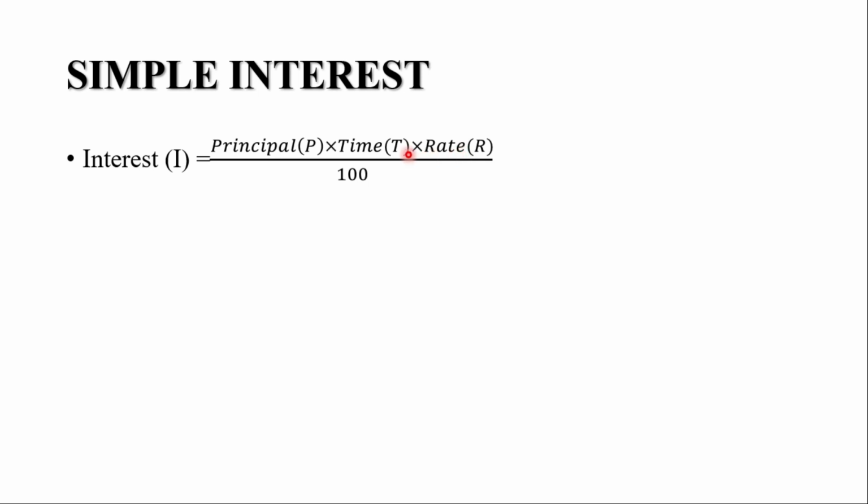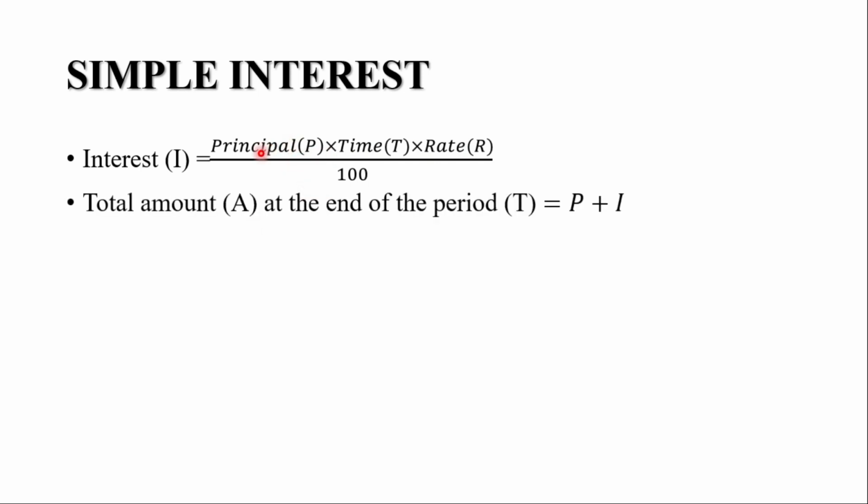So we can abbreviate them as P, T, and R. Now, after the end of the time, say 3 years, for you to get the amount you pick from the bank, the total amount will be the principal plus your interest. So your interest alone is I, and the original amount you deposited was P, principal. So you add the two of them, then you pick it.